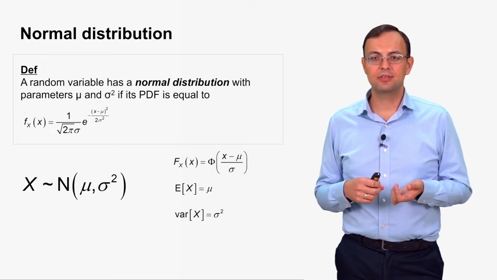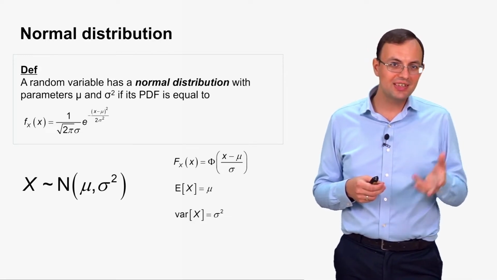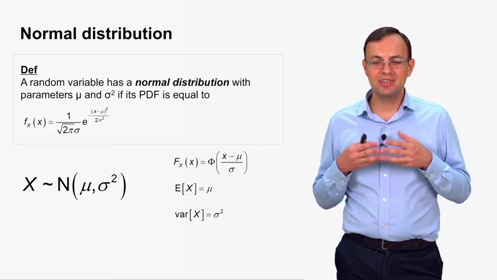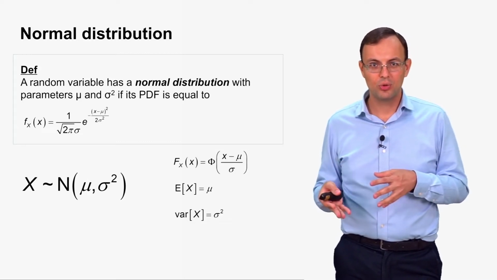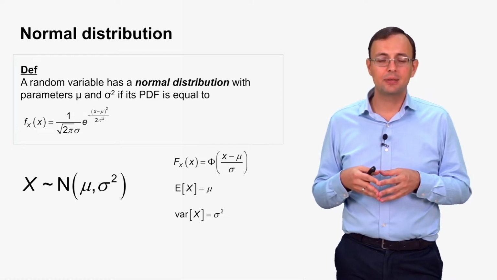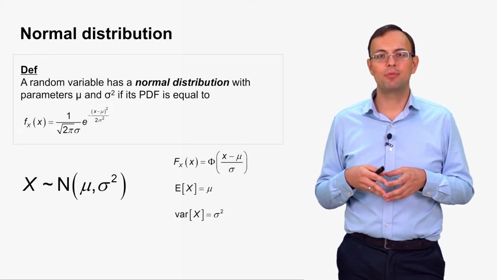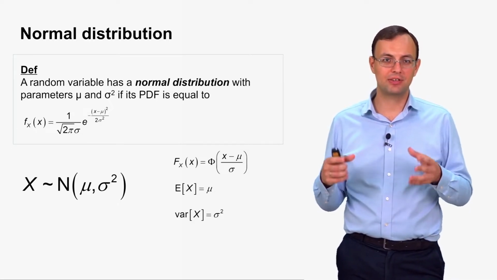And so the PDF is given in the definition itself. And as for the CDF, there are some problems. The CDF is an integral of the PDF, as you know, but the integral of the PDF of the normal distribution cannot be expressed with elementary functions.